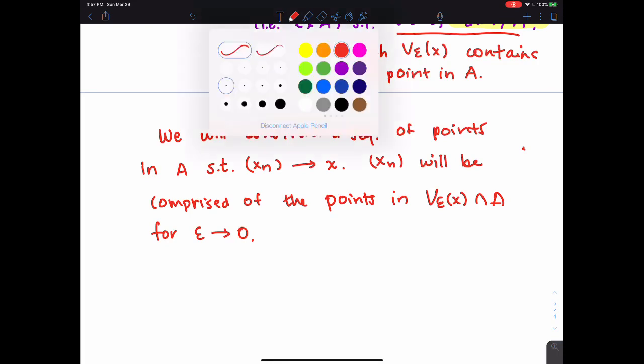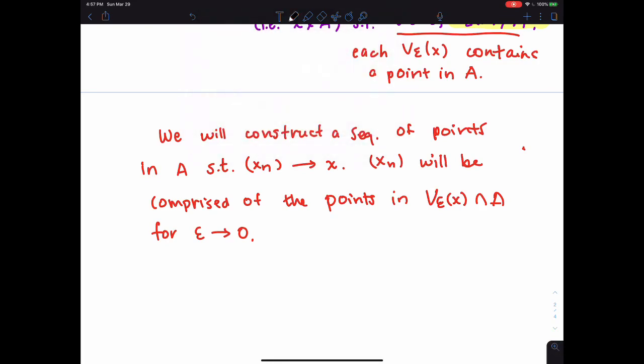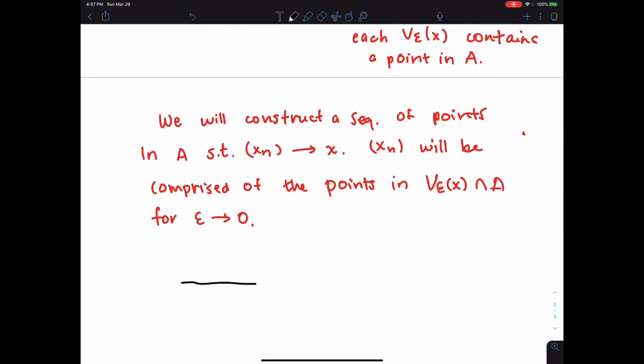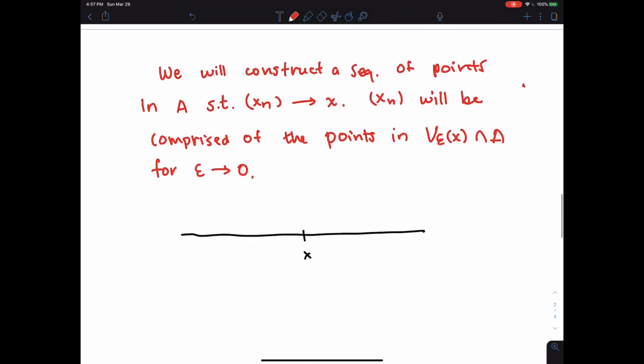So let me draw a picture because there's kind of a lot going on here. Right now I have my x. And we were just told that if you put a neighborhood around x, there always has to be some point in there that's a member of the set capital A. So here I have fixed a specific epsilon value.